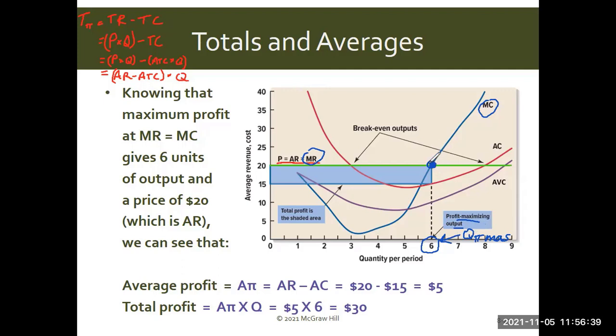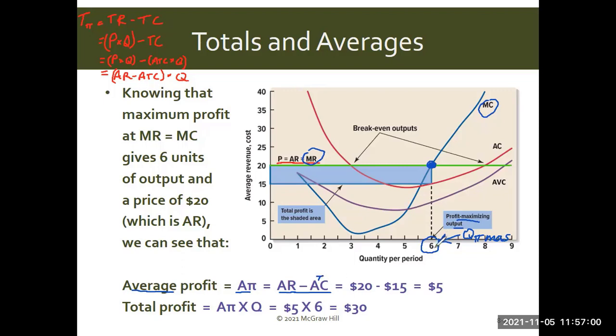So once we find that, we pause and say, okay, so what? Am I making any profit or not? Now I look down here and I can say, well, I can calculate average profit. That's my average revenue minus average cost. That must make good sense. That's right up here, average revenue minus average cost. Here I've got average total cost, but it's really average total costs.